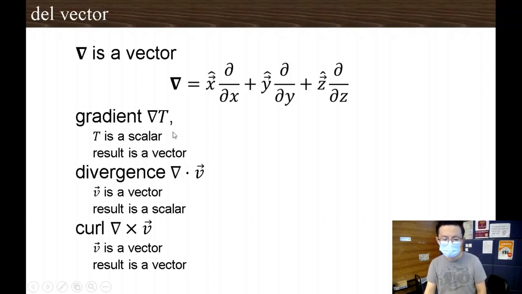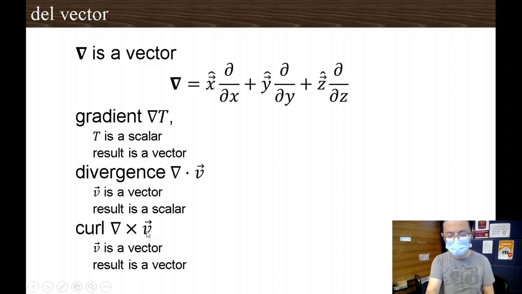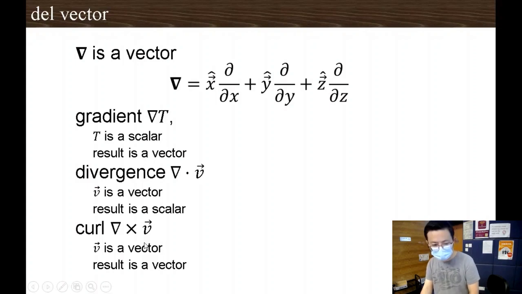And now the divergence is simply del dot B, and a vector dot product gives you a scalar, so divergence gives you a scalar. And finally, the curl of a vector, with another vector, is still a vector. So try to be sure whether you are dealing with vectors or scalars, and try to avoid any mistakes.